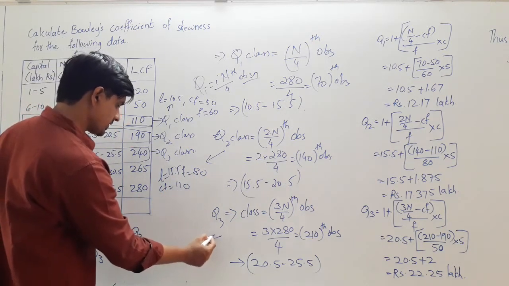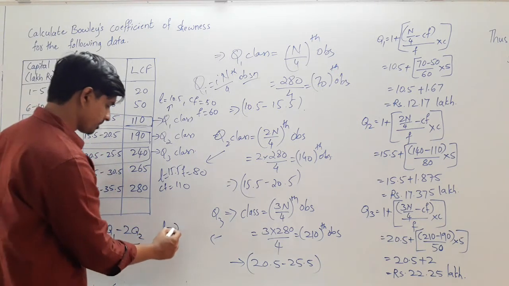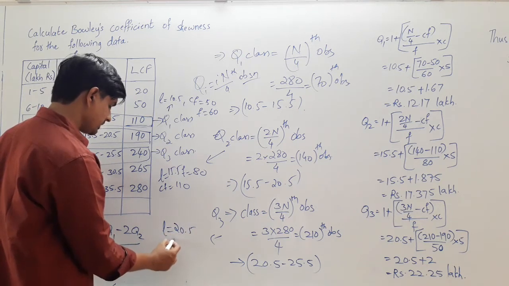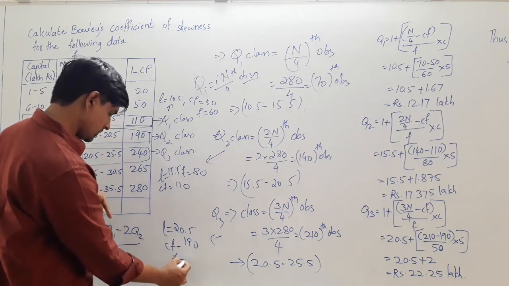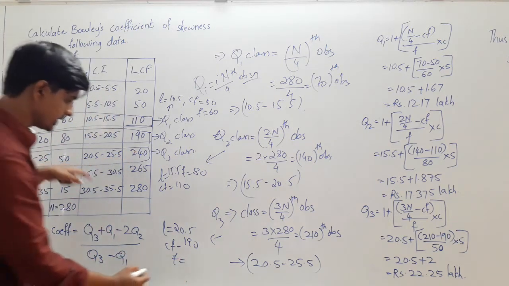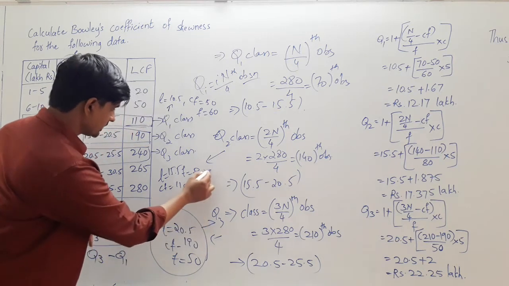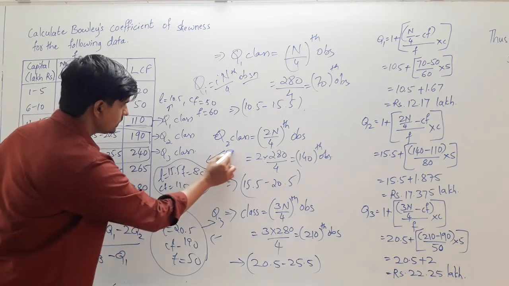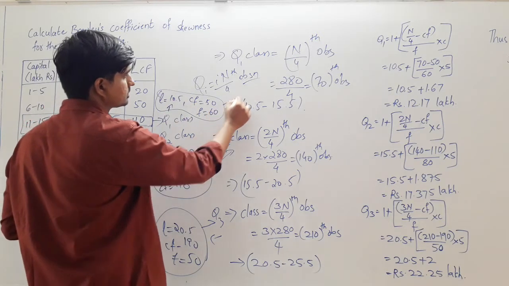And for class Q3, L is 20.5, CF is the preceding cumulative frequency, 190. F is the current frequency. How much is F? 50 here. So this is for class Q3, this is for class Q2, and this is for class Q1.